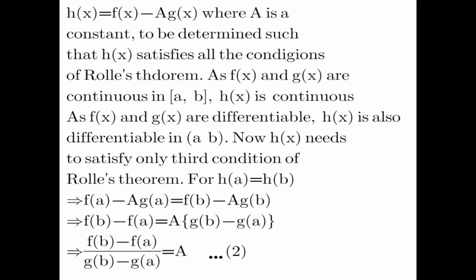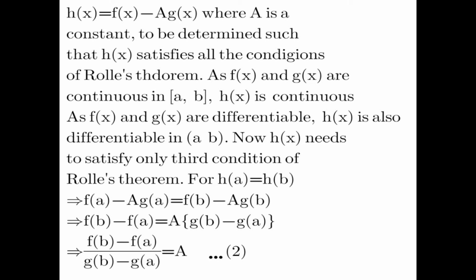Now for the third condition, the value of h(x) must be equal at the end points a and b. In other words, h(a) must equal h(b). With this equation h(a) = h(b), we find the value of constant A. So constant A is equal to (f(b) - f(a)) / (g(b) - g(a)).